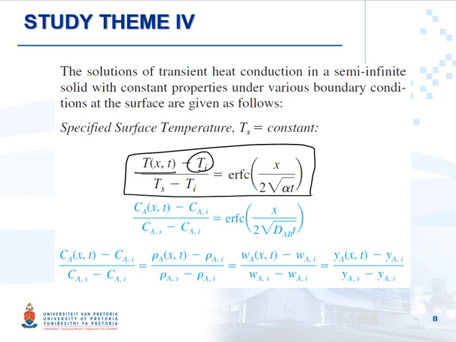So temperature is basically based on the temperature, but here is ERF, the error function, of alpha. If we want to translate it into transient mass diffusion, of course instead of T we need to use concentration, error function again, and instead of alpha we need to use the diffusion coefficient.